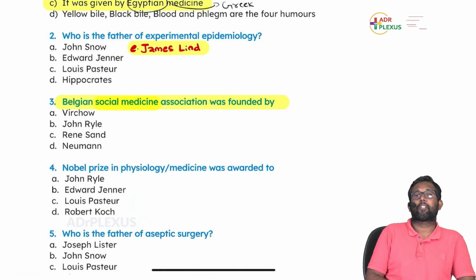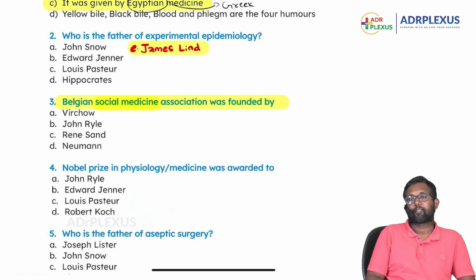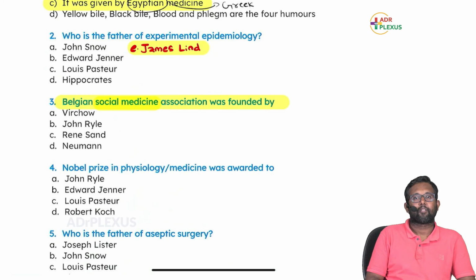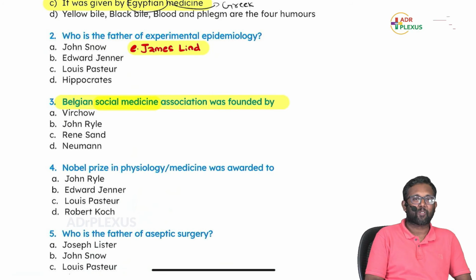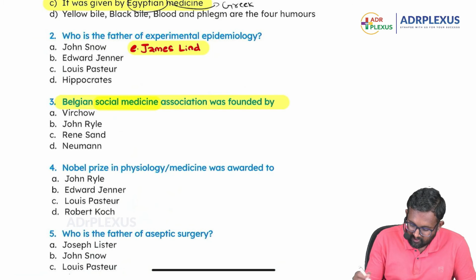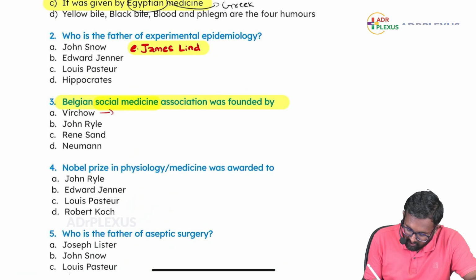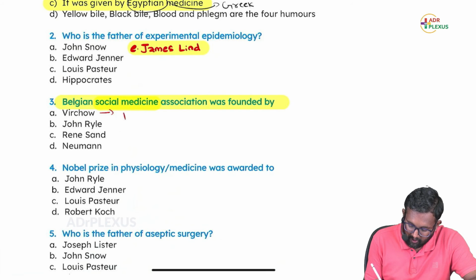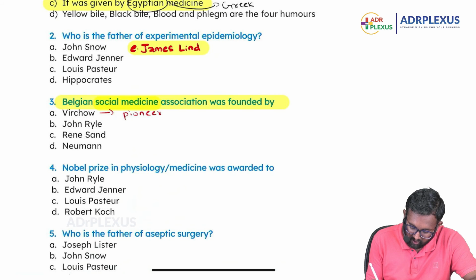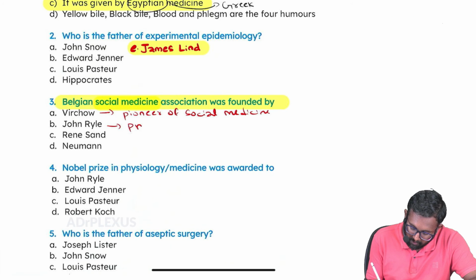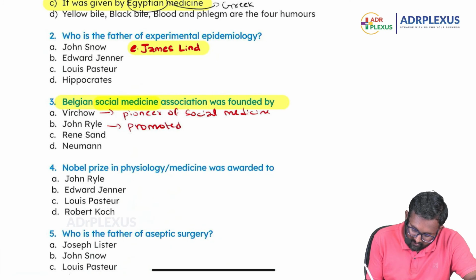Belgian Social Medicine Association was founded by. Okay. Virchow, he is a pioneer of social medicine. That's all. It's not associated with Belgium. John Ryle promoted social medicine in England. He has nothing to do with Belgium.